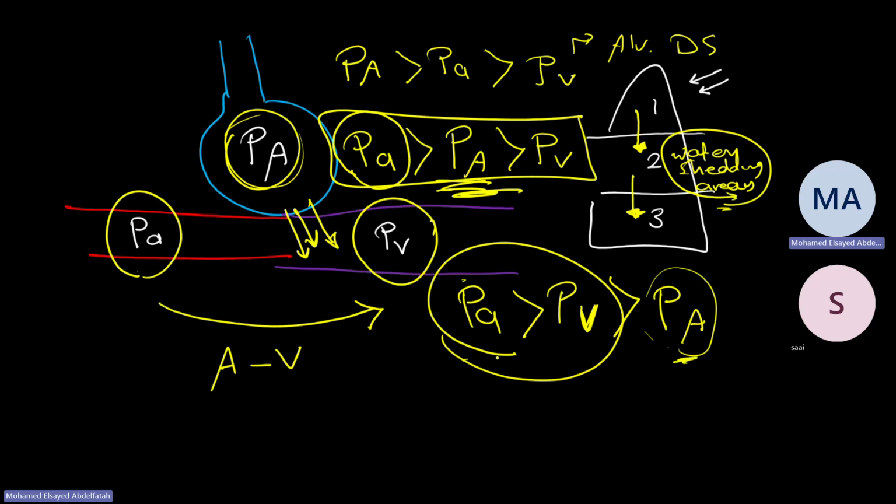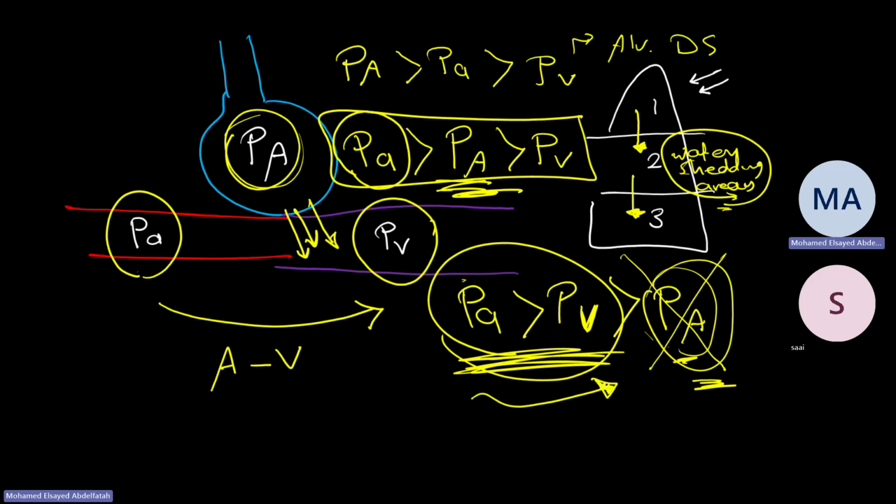So the distended vessels compress the alveoli. So the alveoli will not be ventilated and the blood will pass from artery to vein without taking part in gas exchange. This is called shunting.